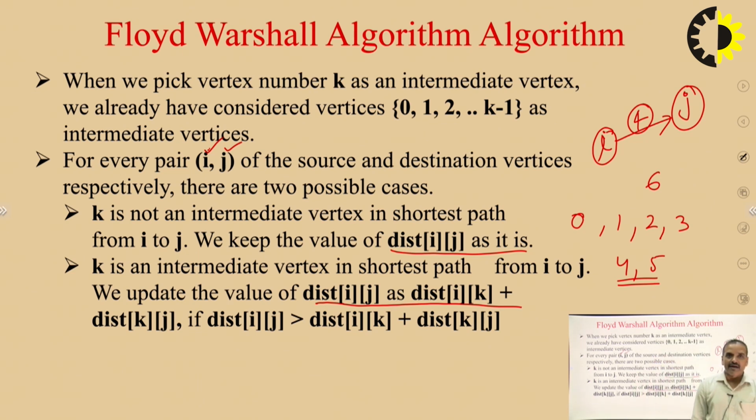When the value is less than the previous value, then we have to update the value of that position, and we calculate the next value by using this distance formula.